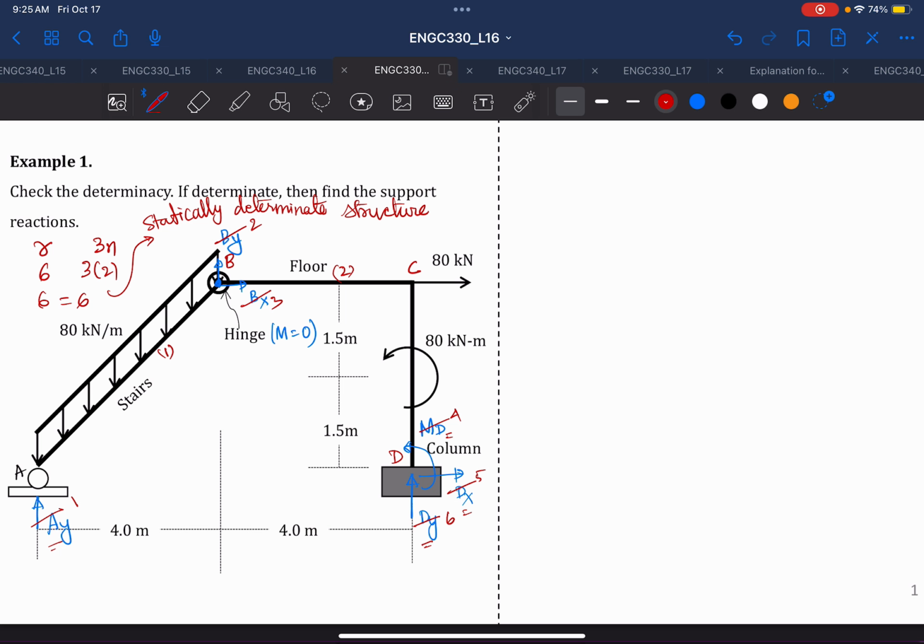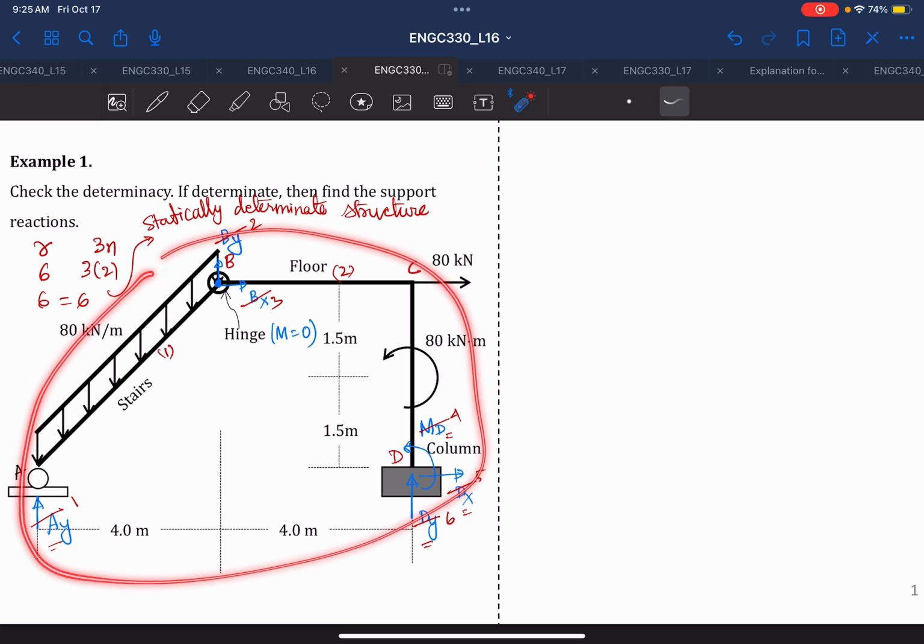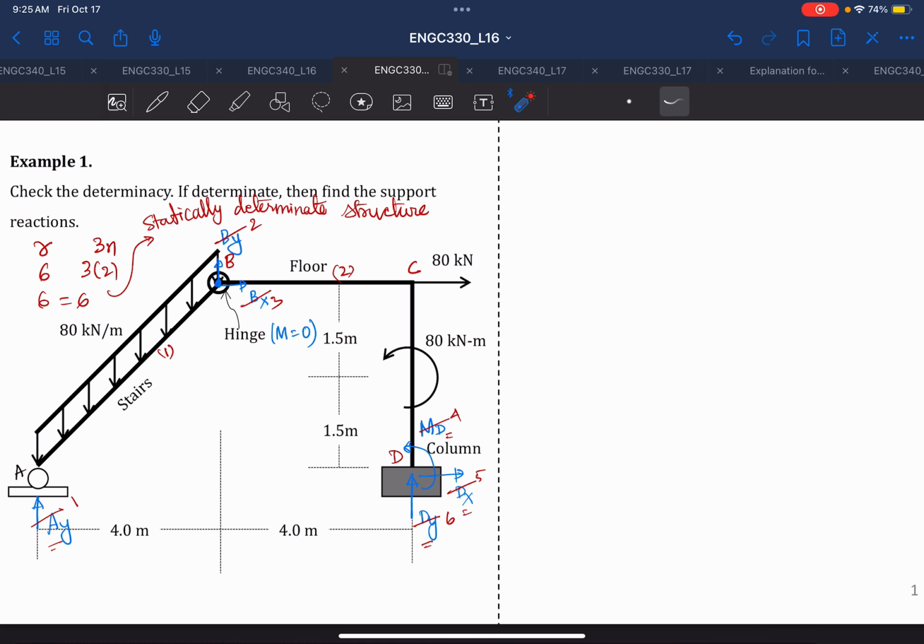The first thing that I see with students is they try to use equilibrium for the whole structure. The difficulty is you have three unknown reactions here and one unknown reaction here, so that will give you four unknown reactions, but you can only use three equilibrium equations, so you will not be able to find all the unknown reactions.